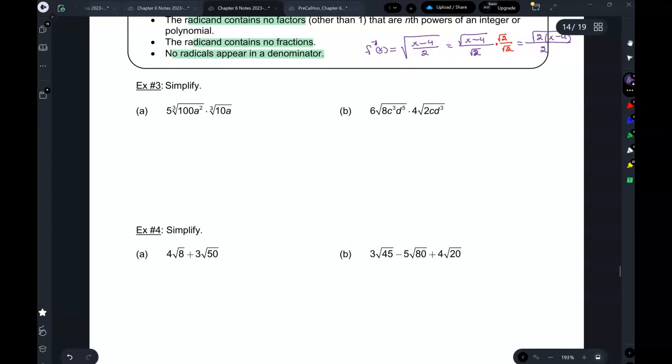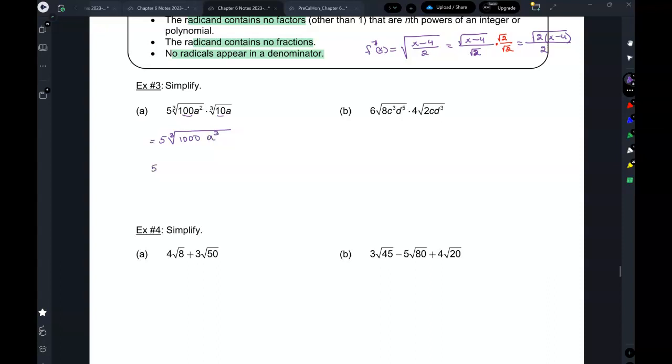Here, I have a similar situation. I have 5 cube root of something times cube root of something else. First, if they're combined, we want to separate them. If they're separate, we want to combine them, okay? So here we have the cube root of 100 times 10 is 1,000, a cubed.